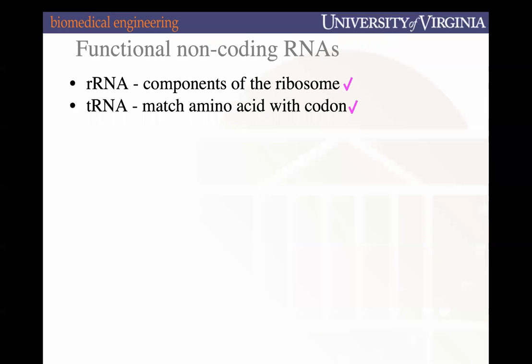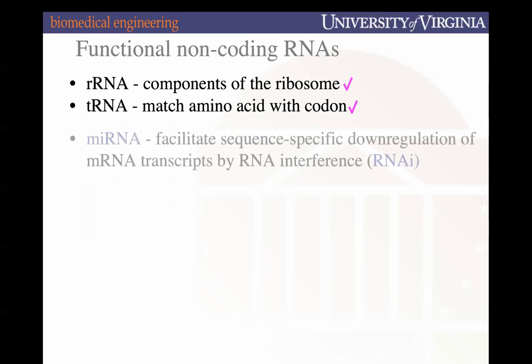We've already talked a little bit about a couple classes of non-coding RNAs that are still very important and provide a really critical functional biological role: ribosomal RNAs and transfer RNAs. We're all intimately familiar with those two now since we wrapped up Unit 3. A couple more are microRNAs.